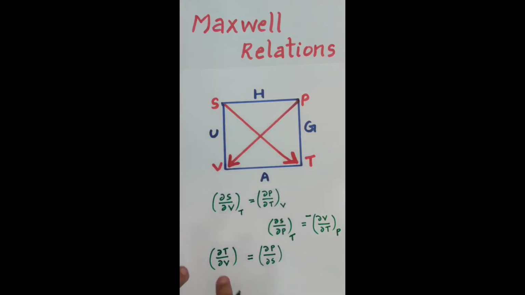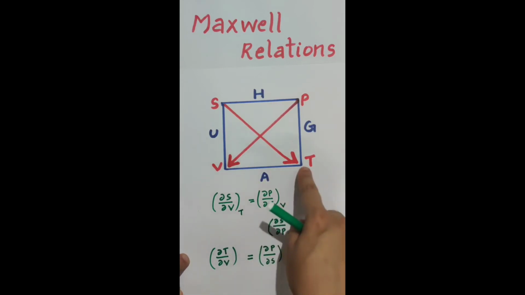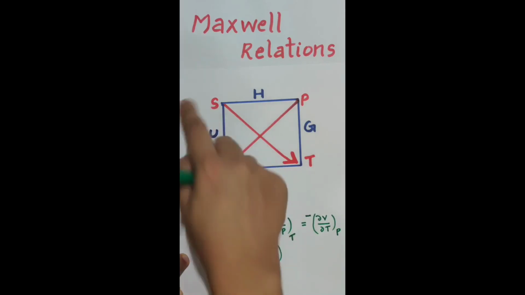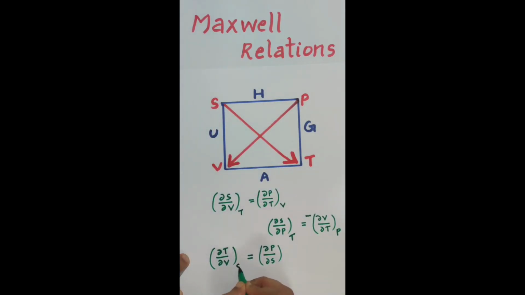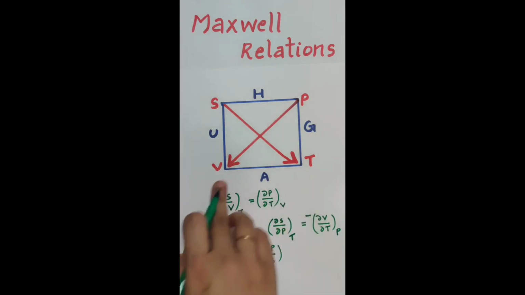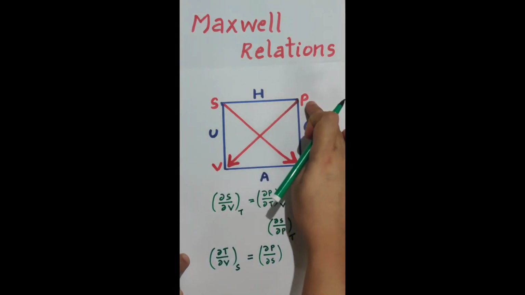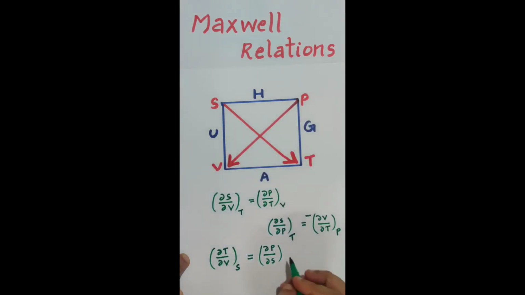Can you say which is the constant term for dou T by dou V? Opposite of T is S. All of you got it. Now the opposite of P is V. It is at constant V.